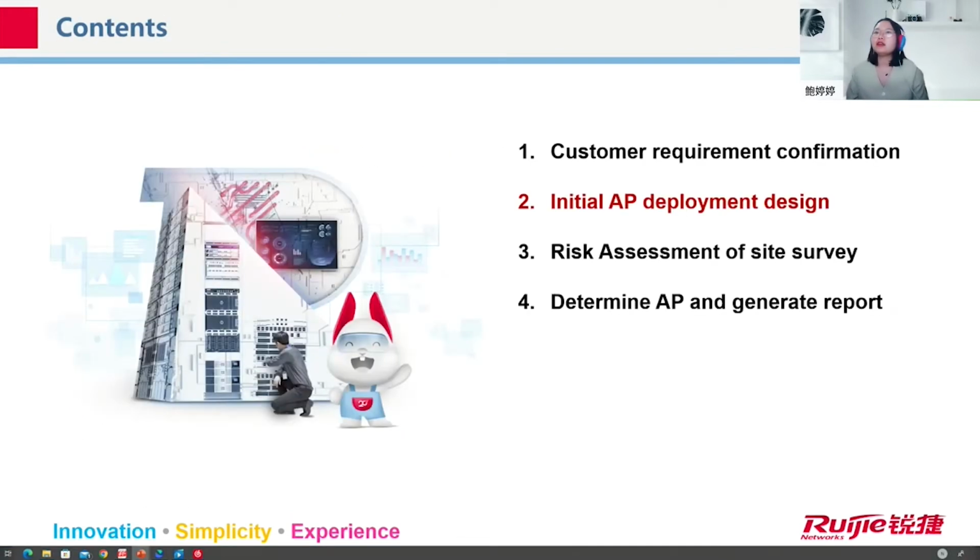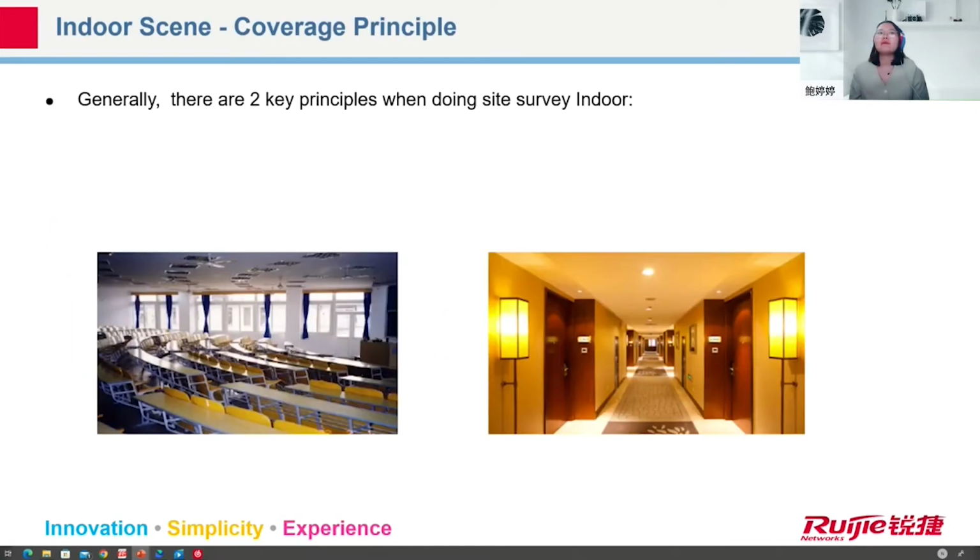Another one is the initial AP deployment design, where we have some principles. About the indoor scenario, we have to consider the coverage principles. Here are two key principles when we do the site survey indoors, for example for meeting rooms on a campus, or a hotel.